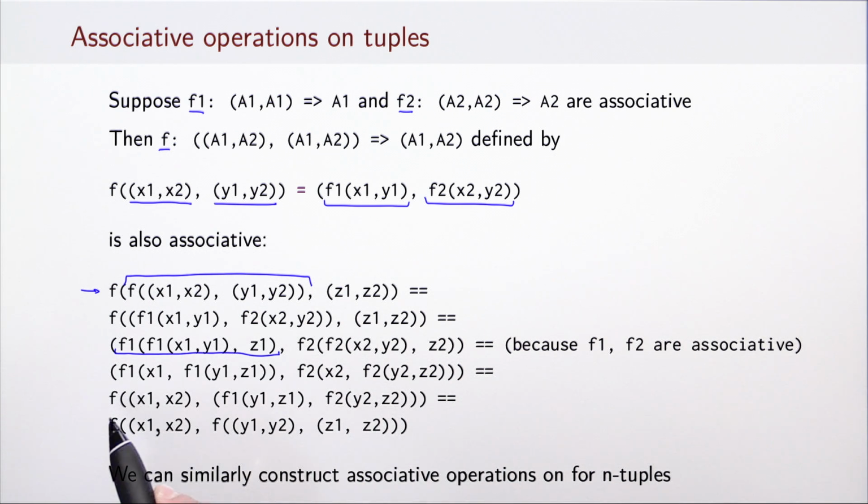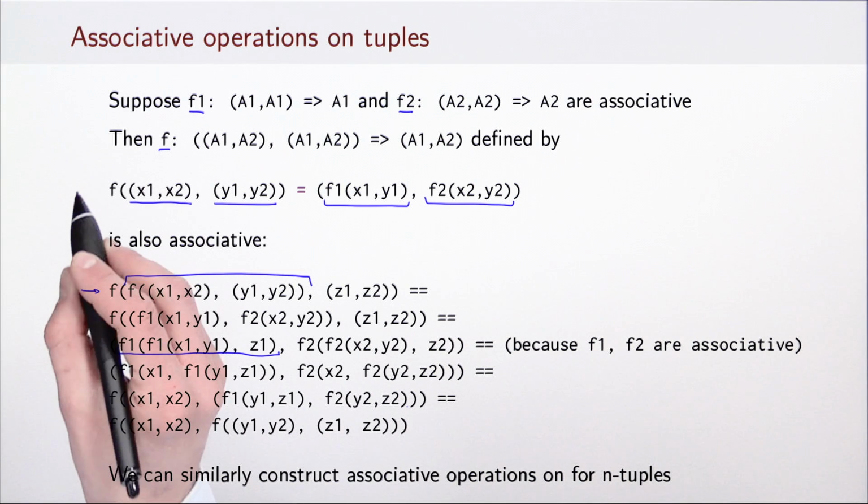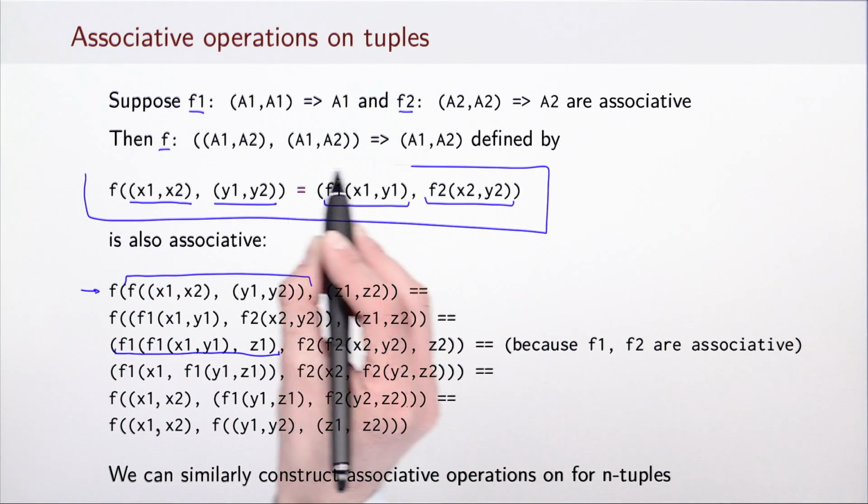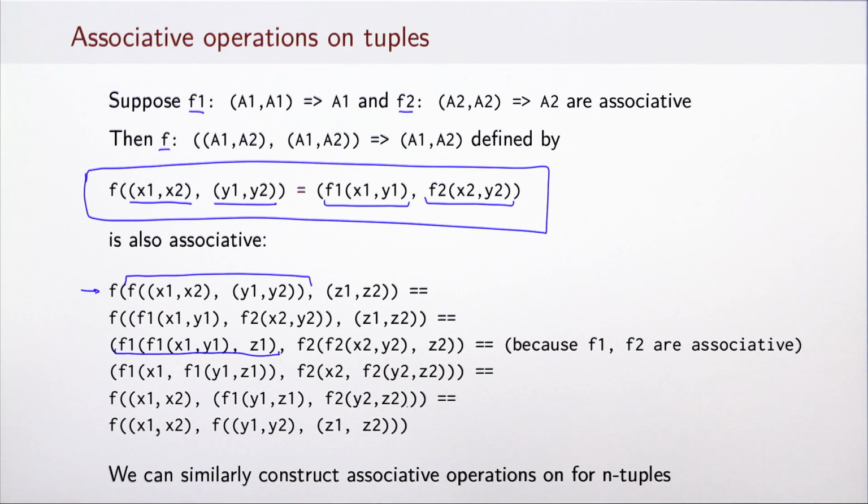We recognize that what we have here is an application of f to the argument x1, x2, and this other argument, which in turn is application of f to the pair of y1, y2, and z1, z2. At the end, we obtain the shape on the right-hand side of the associativity law. So we have shown that f defined in this way is in fact associative whenever f1 and f2 are associative.